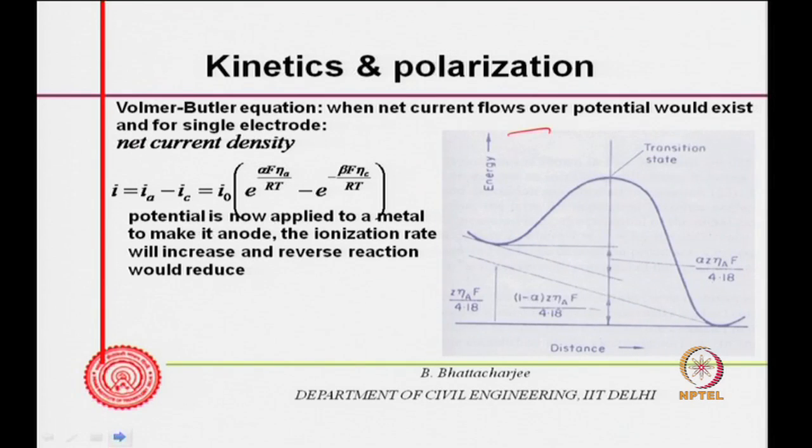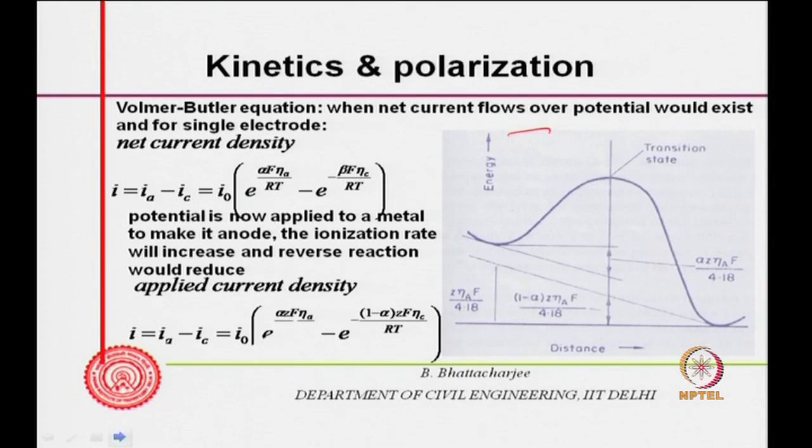So if I try to increase the anodic current in a given single electrode, the cathodic current will reduce, and the relationship of beta and alpha is beta equals 1 minus alpha. This is Volmer-Butler's equation for a single electrode.